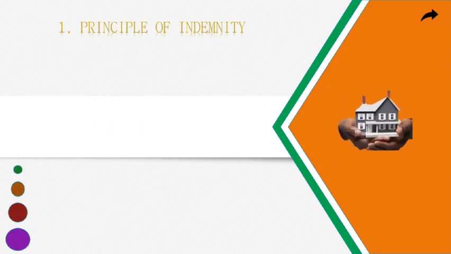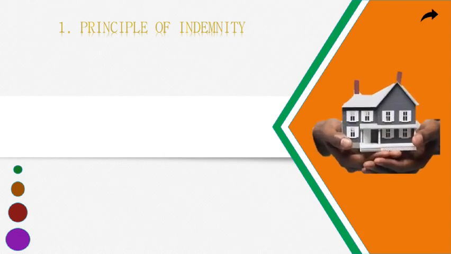So let us start with the first principle, that is principle of indemnity. This principle imposes that only damage will be insured. That is, beyond the damage you cannot get any benefit. The only damage is to be insured.